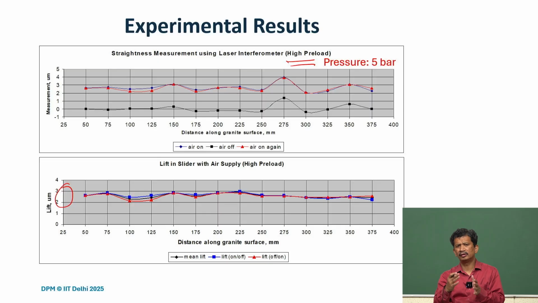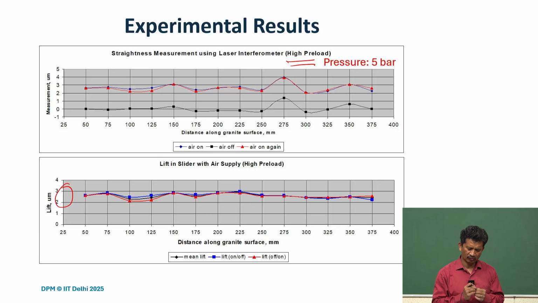So now you can imagine what the air gap is, what the dimensions are where you are working. It's not like those machines, hovercrafts, right, where the gap is in centimeters or so. Here, the gap you are talking about is of the order of 3 micron.